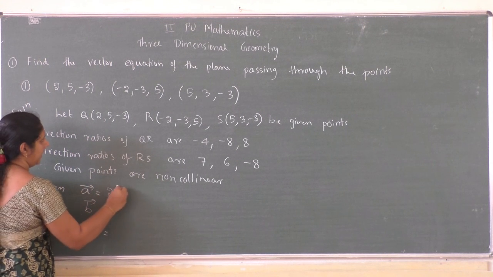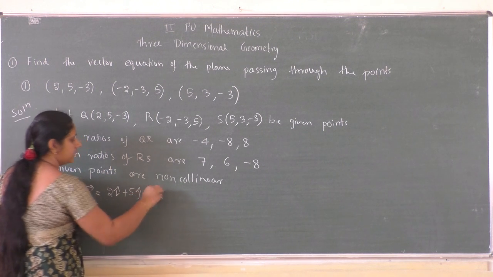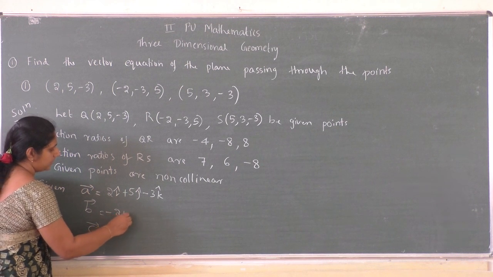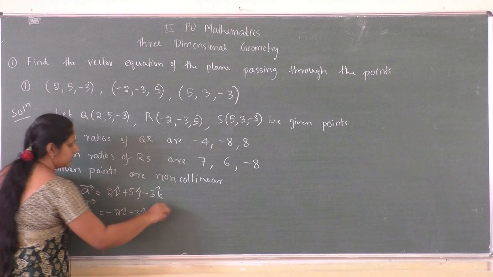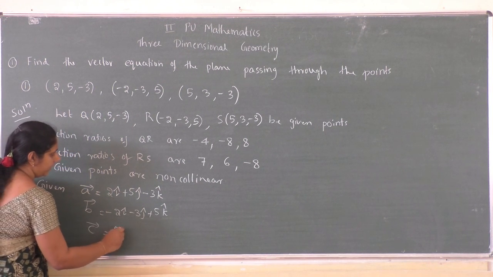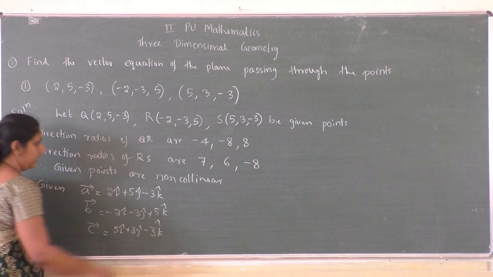It is 2i cap plus 5j cap minus 3k cap. What about vector B? It is minus 2i cap minus 3j cap plus 5k cap. What about vector C? It is 5i cap plus 3j cap minus 3k cap.